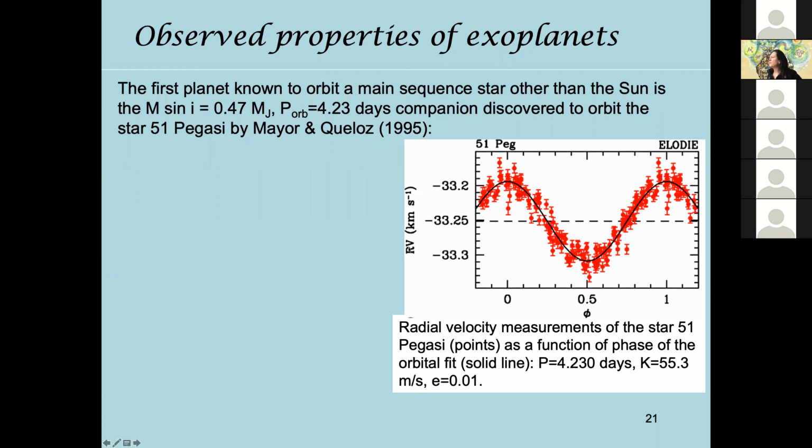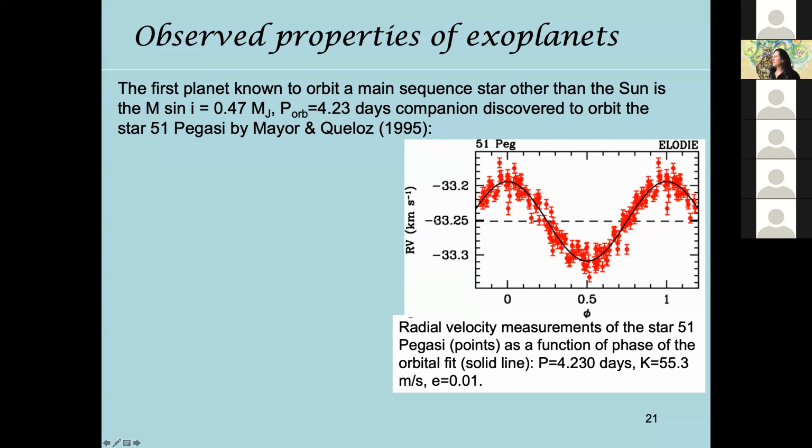So you have here the radial velocity. I will explain in the next slide that this is the velocity change of the star while it is orbiting the common center of mass with the planet. So you see these very beautiful sinusoidal curves with all the dots here.